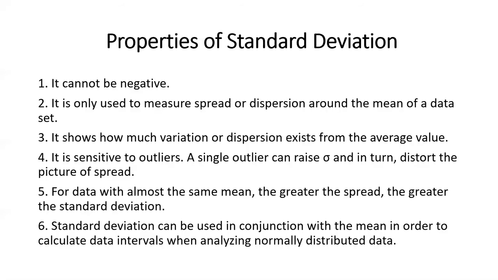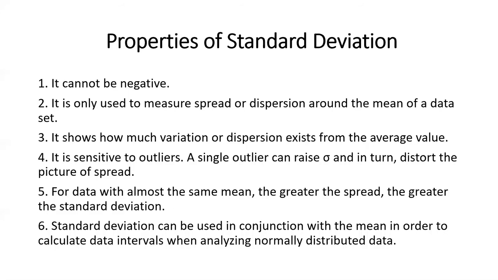So let's understand the properties. It cannot be negative. Standard deviation can't be negative because dispersion always exists. It is only used to measure the spread or dispersion around the mean of the data set.